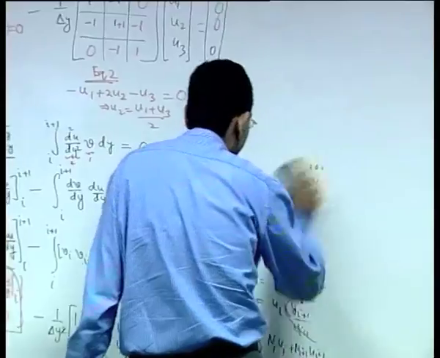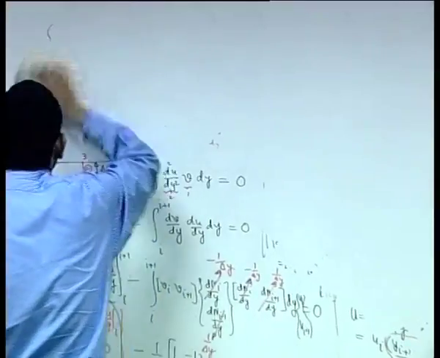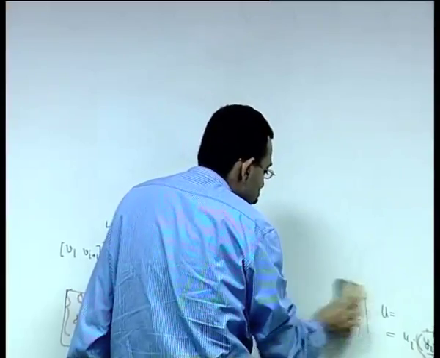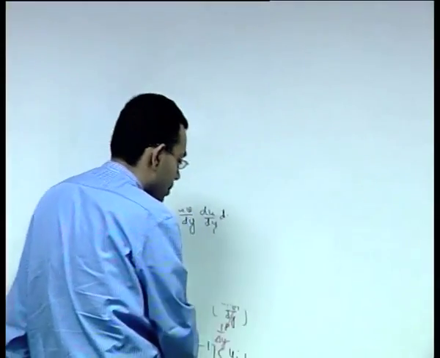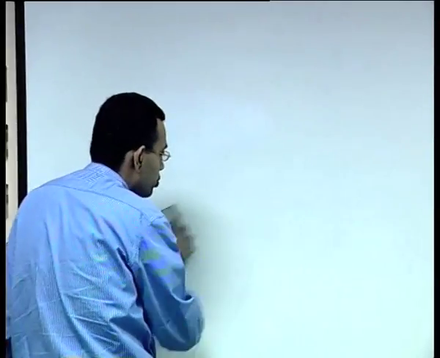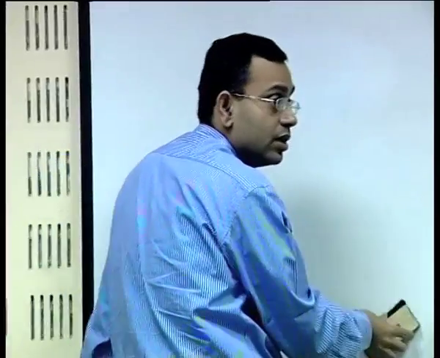Now, so far we have discussed one dimensional problems, but in reality we know that problems are 2 dimensional or in the most general case 3 dimensional. Therefore, we need to graduate slowly from 1 dimensional to 2 dimensional or possibly 3 dimensional.